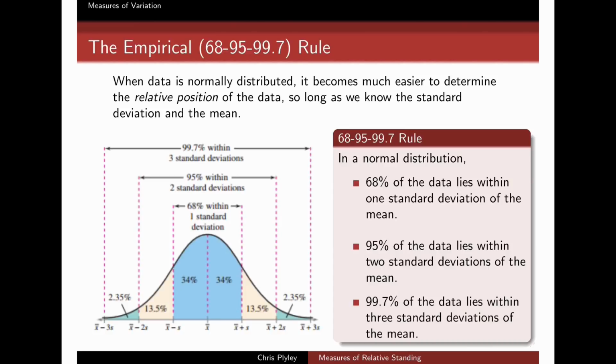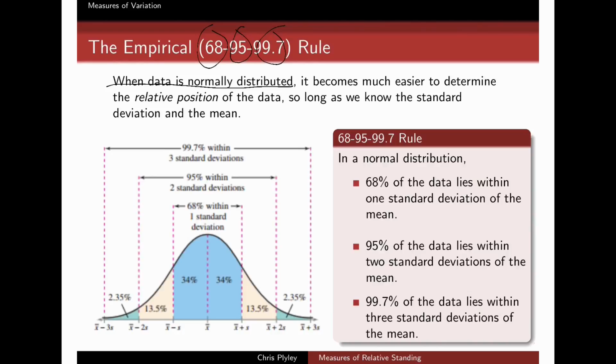So this rule, the empirical rule, the 68, 95, 99.7 rule, doesn't apply to only these 3 numbers. These are the percents of data, when I am normally distributed, that lie within 1 standard deviation, 2 standard deviations, and 3 standard deviations of the mean.